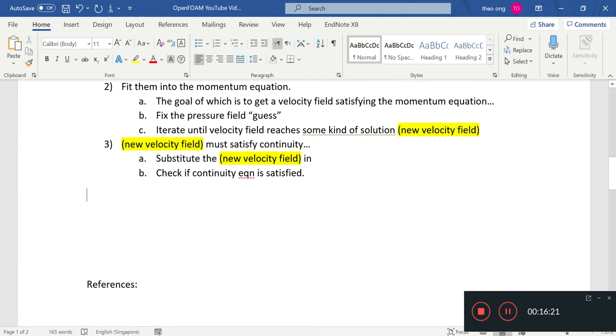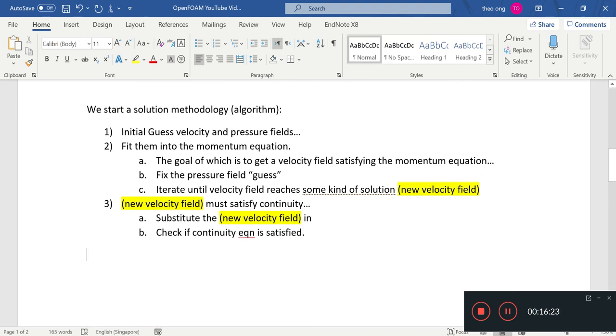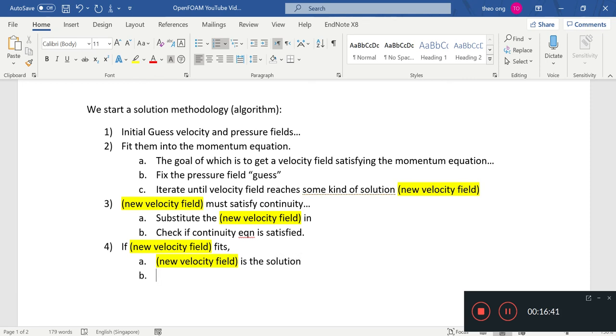So what happens next? If the new velocity field fits, good. If the new velocity field fits, it is the solution. If it does not, this is not the solution. And what do we do next?